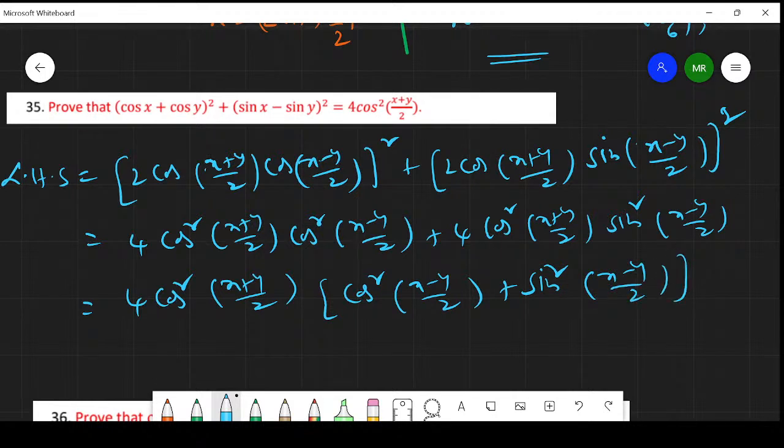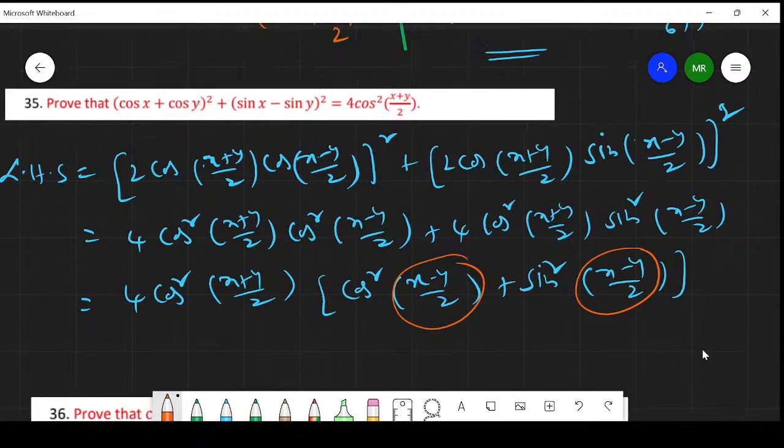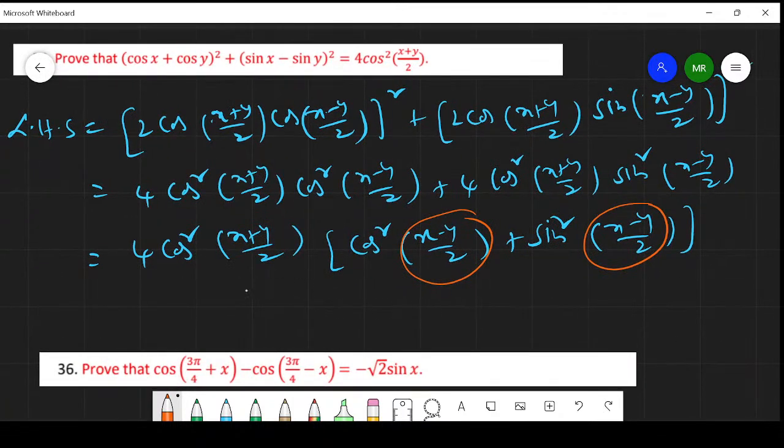But we know that cos square theta plus sin square theta is equal to 1, because the angles are the same here, both (x minus y) by 2. You can see these angles are the same. Cos square (x minus y) by 2 plus sin square (x minus y) by 2 is 1.